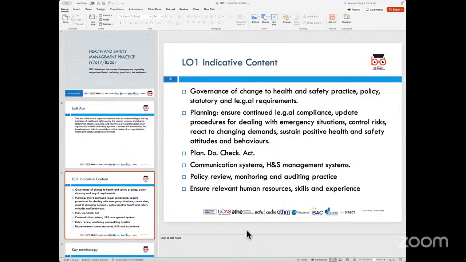Now, the other bits that we're going to focus on is what the communication systems could be that a health and safety manager, or a person working in OHS, in short, occupational health and safety, would need to have in place.